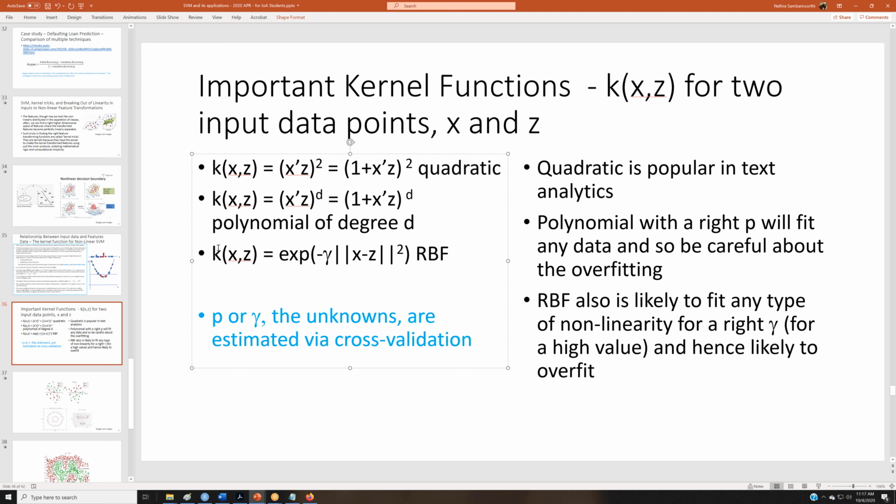The third one is what is called the radial basis function, with gamma. Forget about the complex names here. Radial refers to round. That you should be able to remember. So this is a kind of normal distribution also.